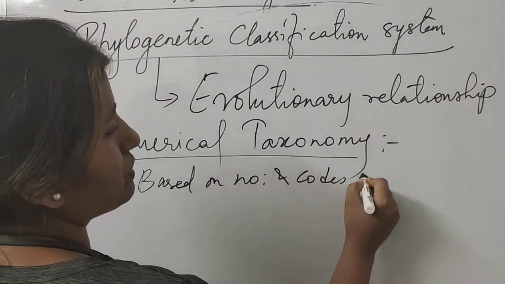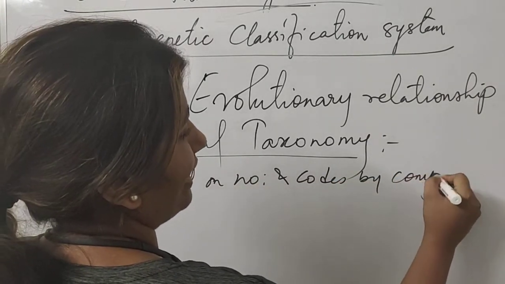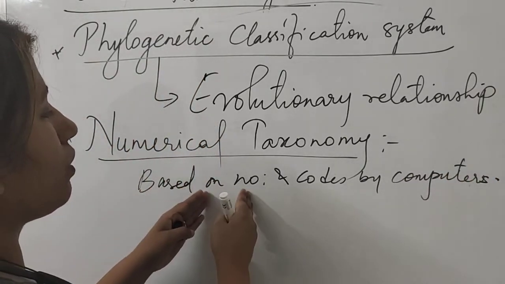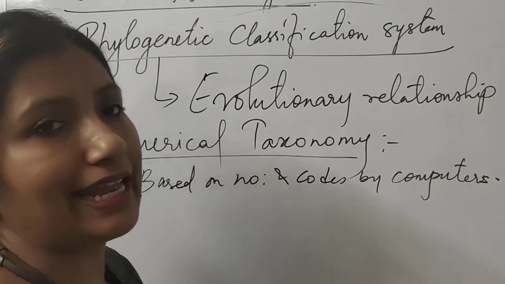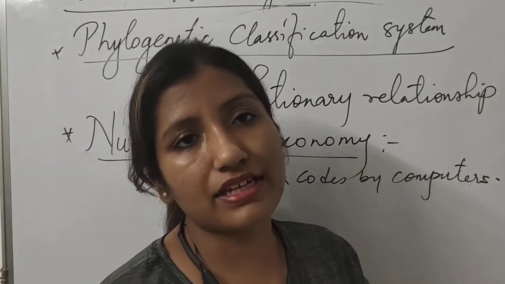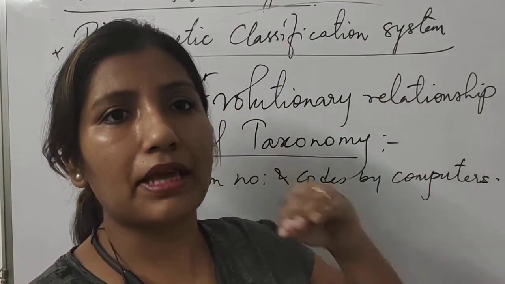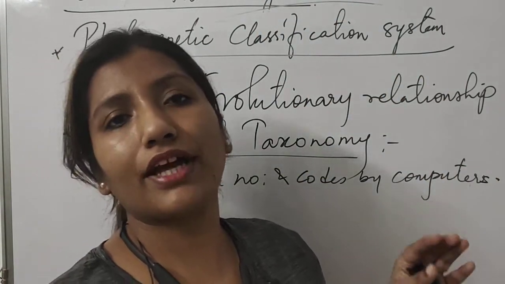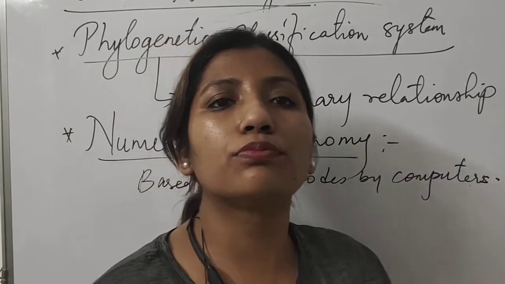By the help of computer, we segregate or label, we give a code or a number to certain characters, to certain organisms' names. So when you number them or give a code to a character, on the basis of that code, we can group the organisms.